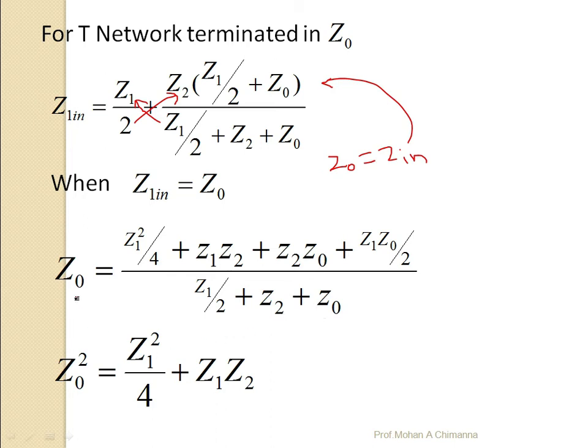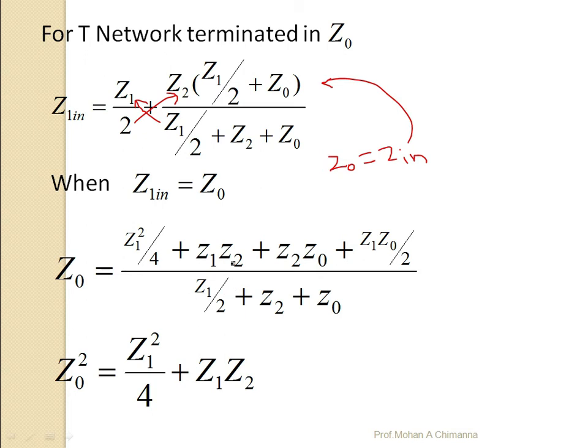So that Z0, then what we do here after the simplification, the Z1 square upon 4 plus Z1 Z2. In this way the Z2 square means Z0 will be taken as common here.